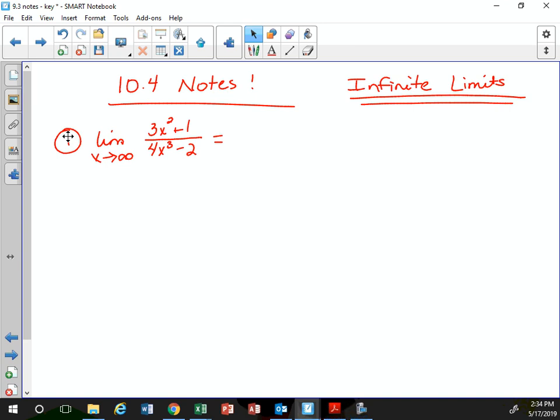If it is bottom heavy, that's approaching 0. So if I go way out to the ends of this graph, it's going to equal 0. The limit as x approaches infinity or negative infinity should equal 0.